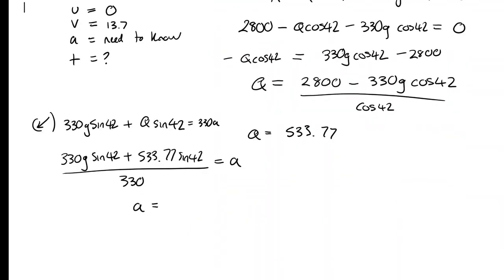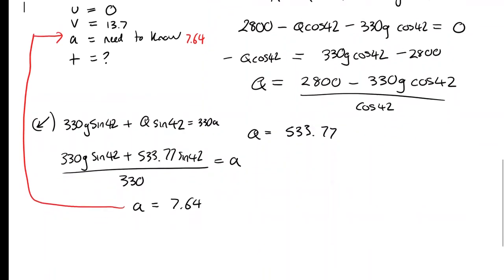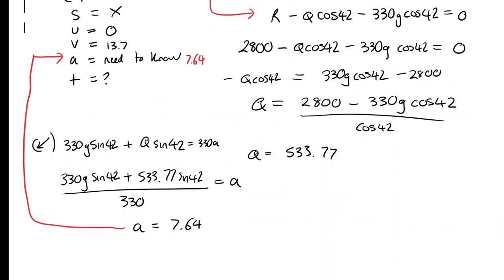So the value of acceleration is 7.64 meters per second squared. So that's now the information we needed. It took a while, but it's the information that we needed to fill in here. Again, it's always easier to deal with it if we write it in where it belongs. So then we can just use a SUVAT equation that doesn't have s in it, so we use v equals u plus at.